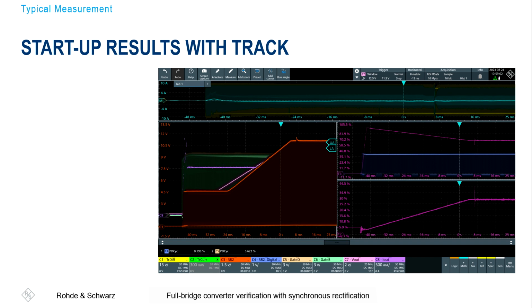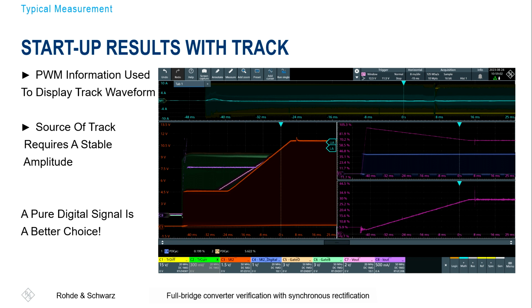So that would be my personal view here on that. But this fast edge here could basically be the reason for this high current inrush situation.